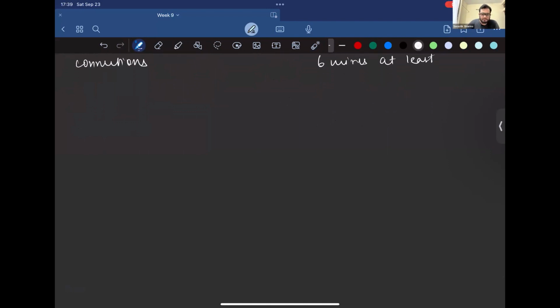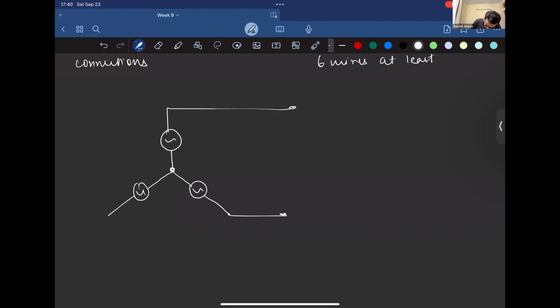Okay, so let's move ahead. There are two ways in which the AC circuits are connected: star and delta. So this is a star connection.